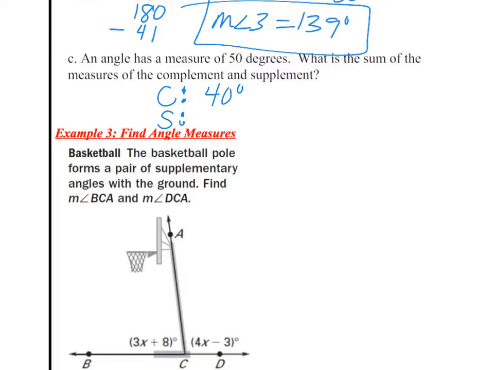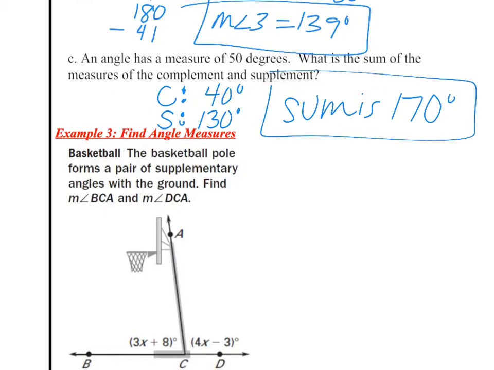Remember, supplement means they add to 180. So what plus 50 is 180? 130. There you go. New vocab words. And so if we sum these together, what do we get, Keaton? 170. So our sum is 170 degrees.